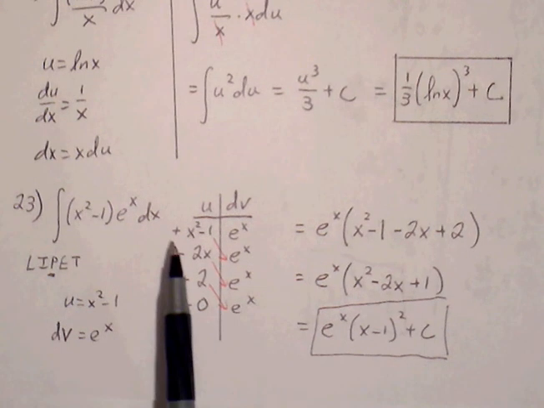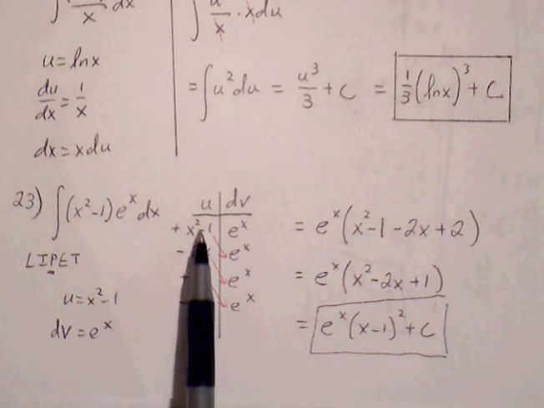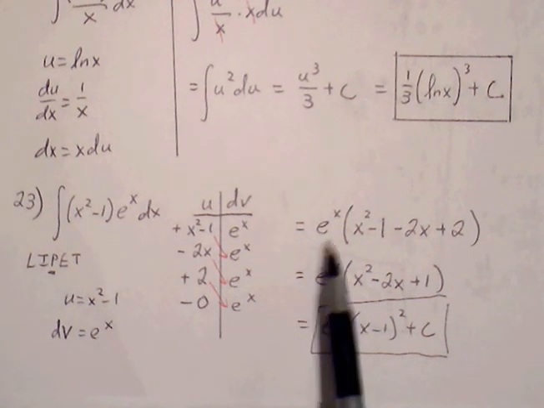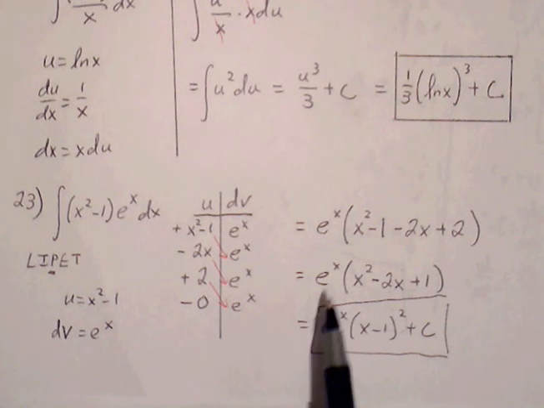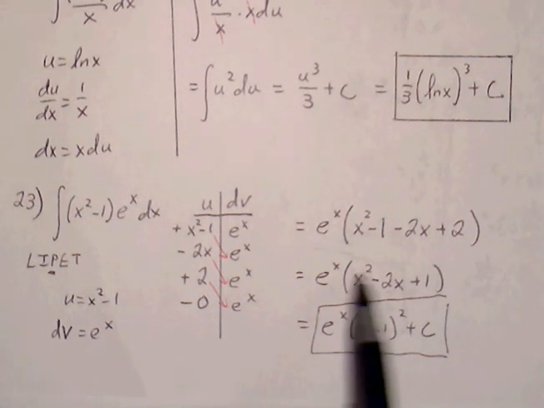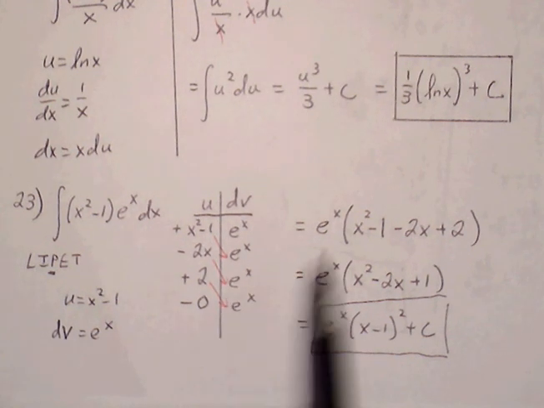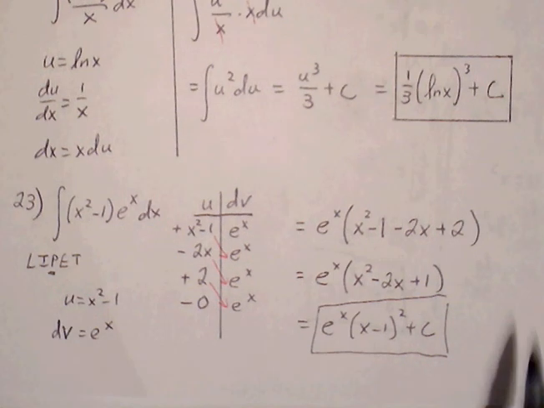Okay, start with a plus, and we alternate signs. Multiply diagonally, and then we're going to be left with e to the x times x squared minus 1 minus 2x plus 2. So all I'm doing is just pulling out the e to the x as a common factor, and then combining the rest of the terms.